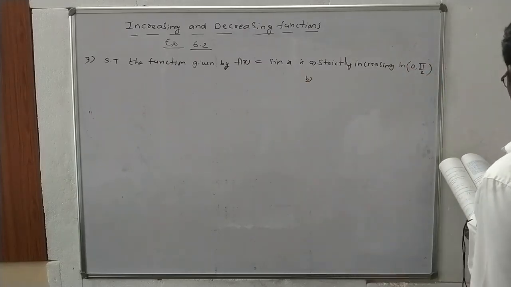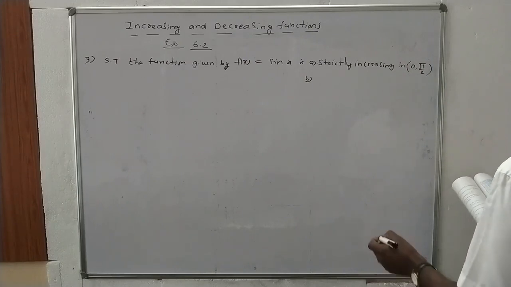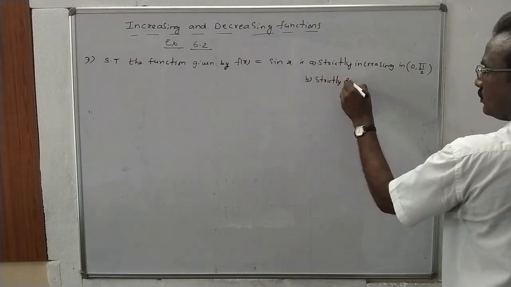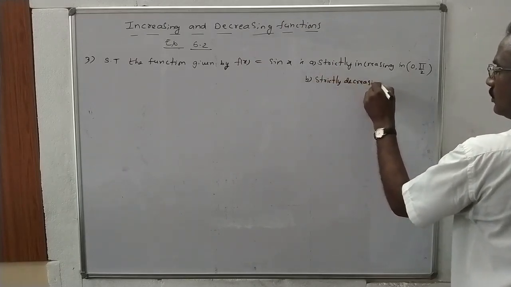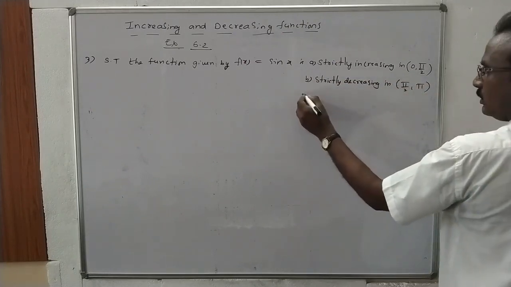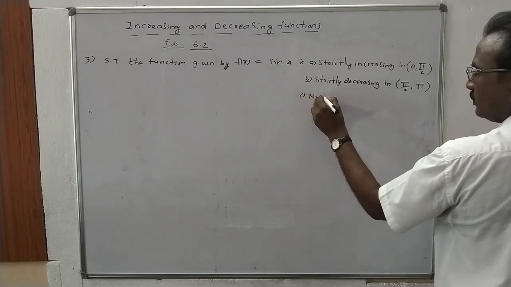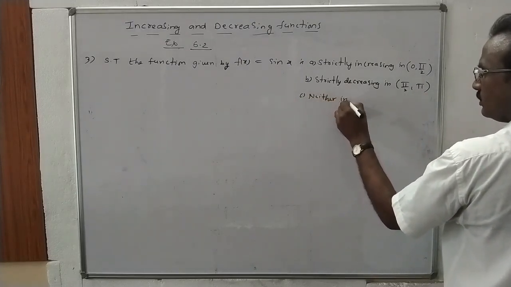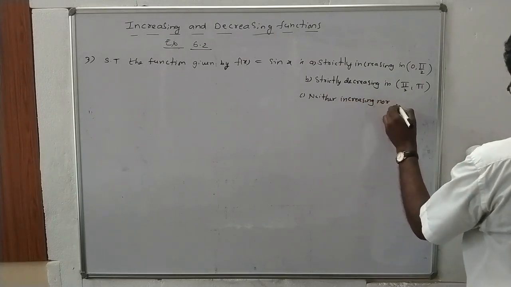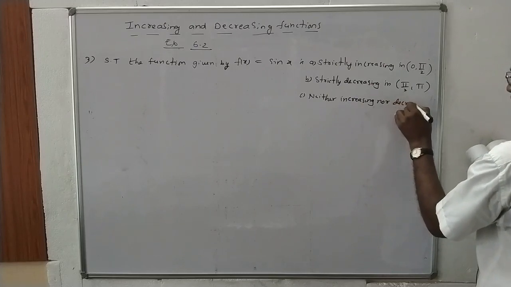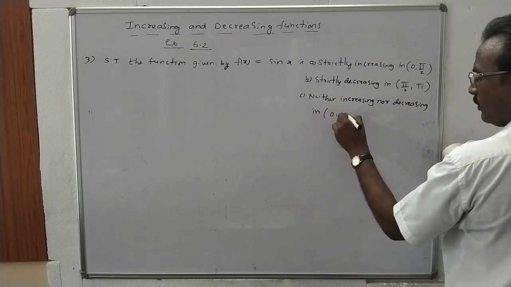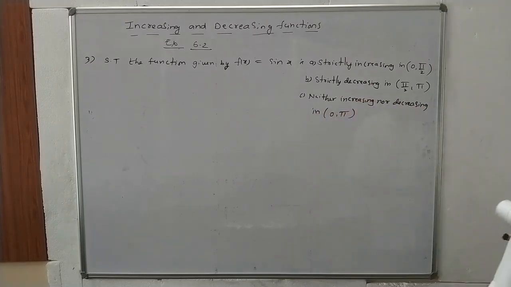Second bit, strictly decreasing in the open interval pi by 2 comma pi. Third one, neither increasing nor decreasing in the open interval 0 comma pi. So these are the three questions.